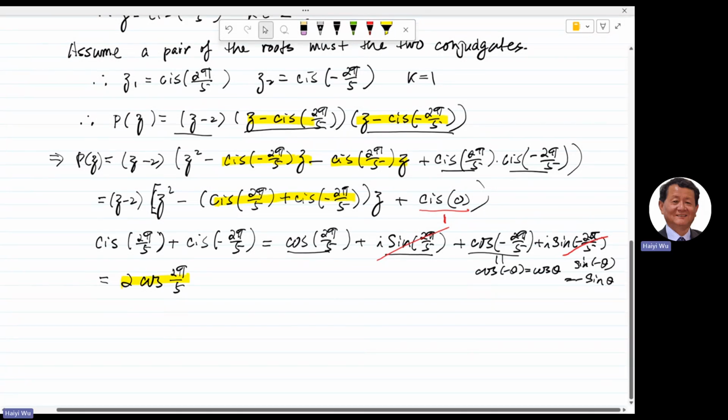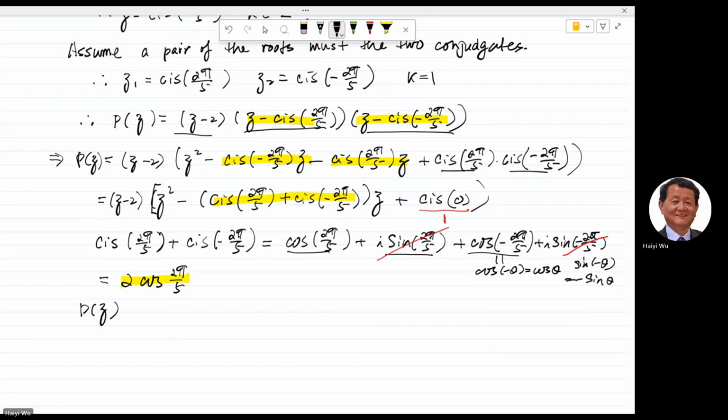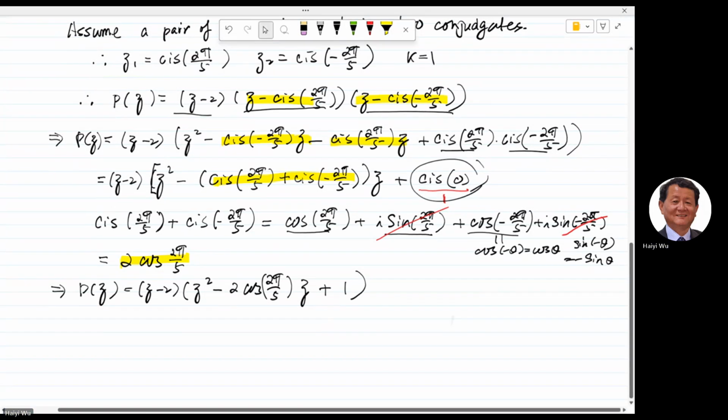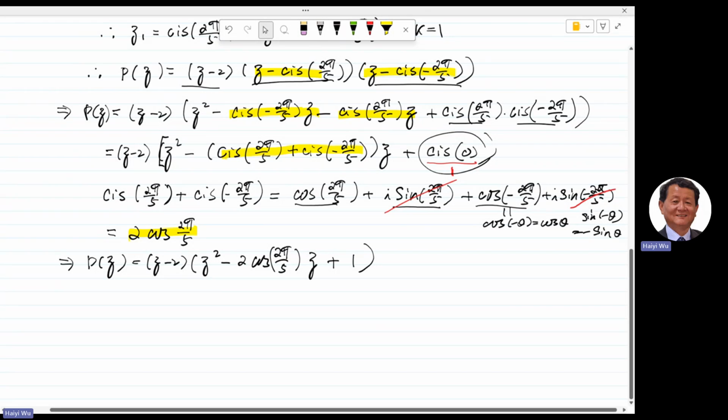All right, so now we go to P(Z). Simplify to Z minus 2 times Z squared minus 2 cosine 2 pi over 5 Z plus 1, because that's a 1. All right, now we're almost there.